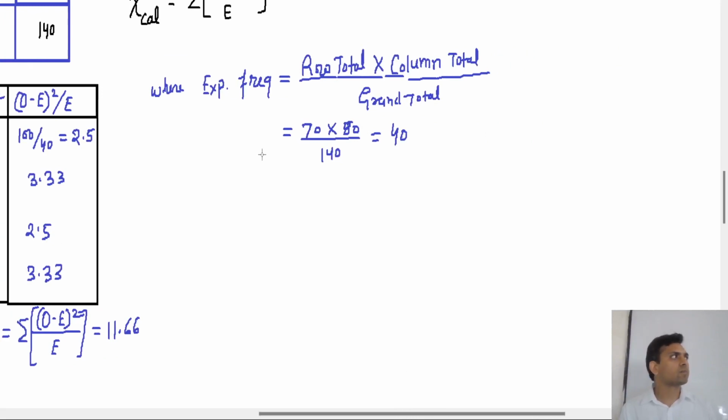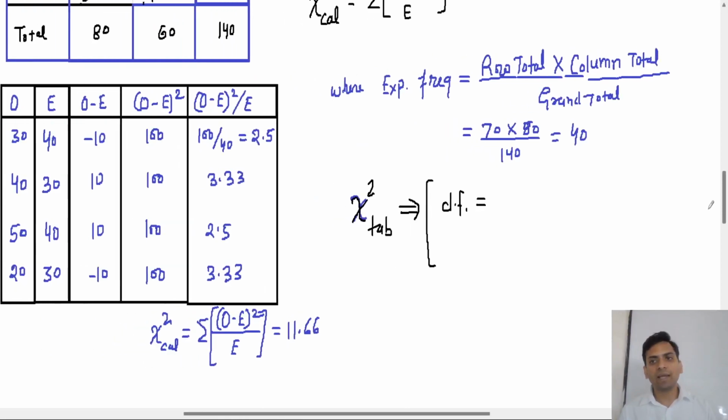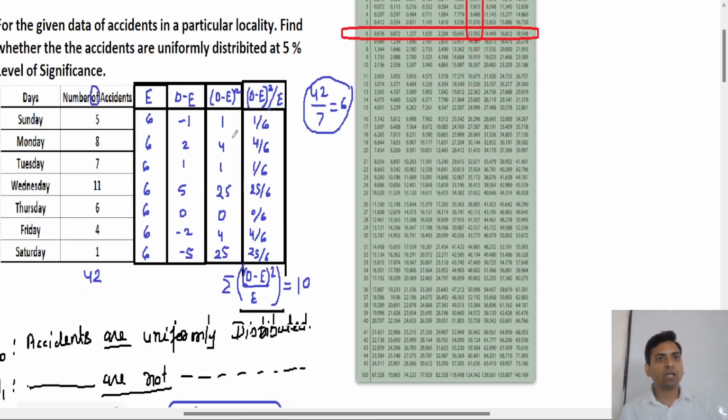Degree of freedom and level of significance. You need two things. In the first case, the formula for degree of freedom is N minus 1, because there was only one column for observations. Clear? Single column frequency. That's why the formula for degree of freedom is simply N minus 1.